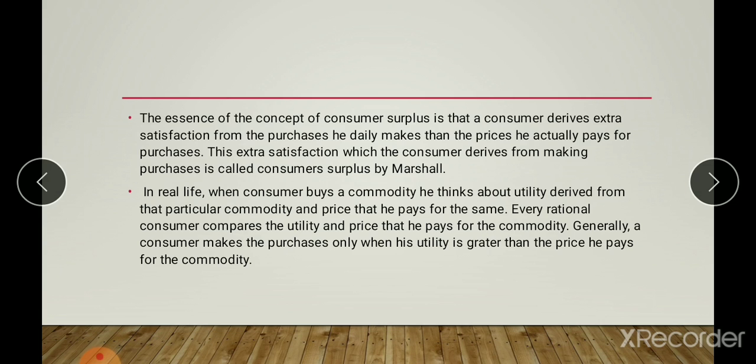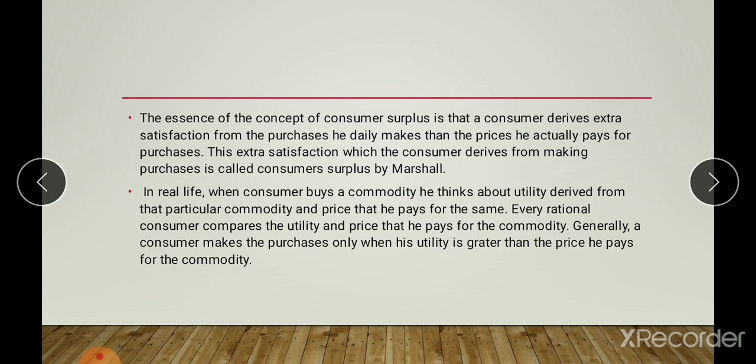In real life, when a consumer buys a commodity, he thinks about the utility derived from the particular commodity and the price that he pays for it. So every rational consumer compares the utility and the price that he pays for the commodity.